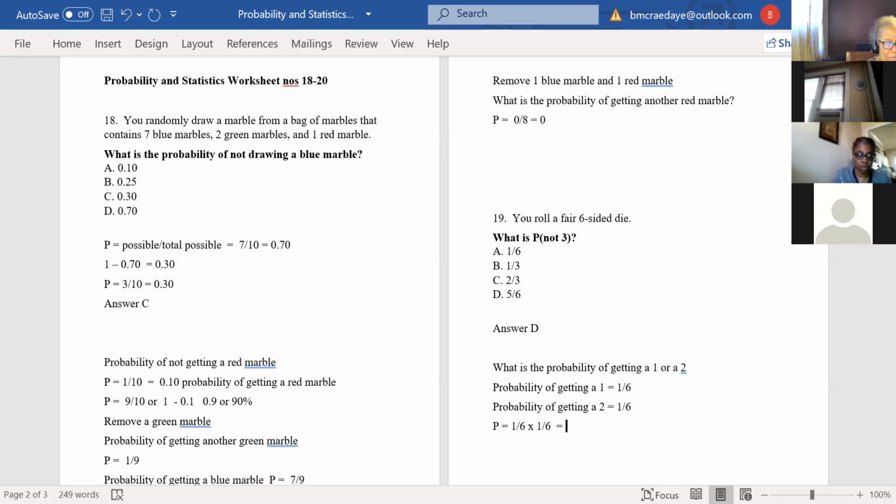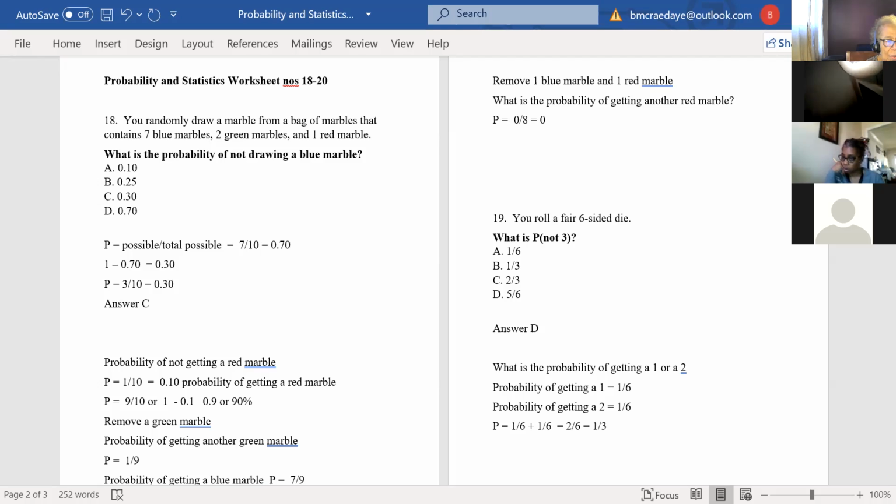I think it's 1/6 plus 1/6, not the multiplication. Somebody told me the answer, 2/6, or 1/3. You could add up the probabilities, 1/6 plus 1/6 is 2/6. So there's a 1/3 chance of getting a 1 or a 2.